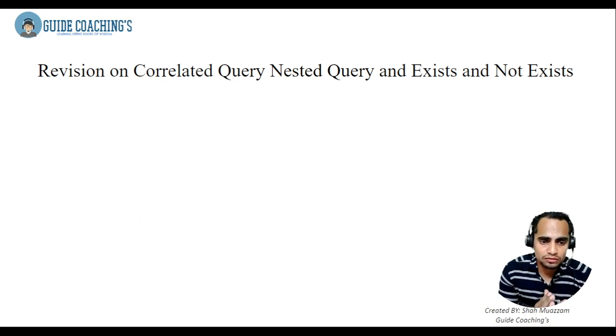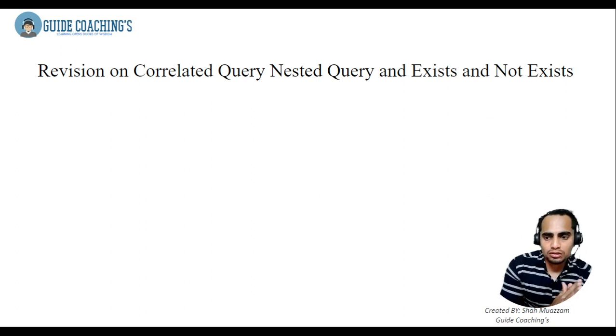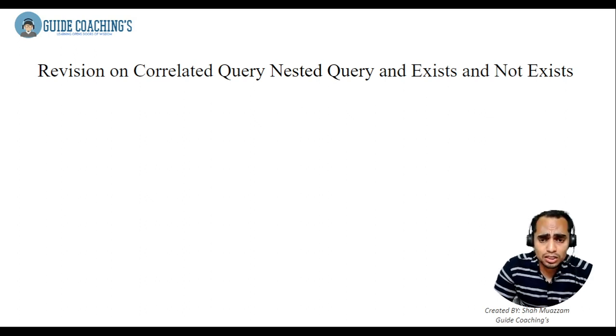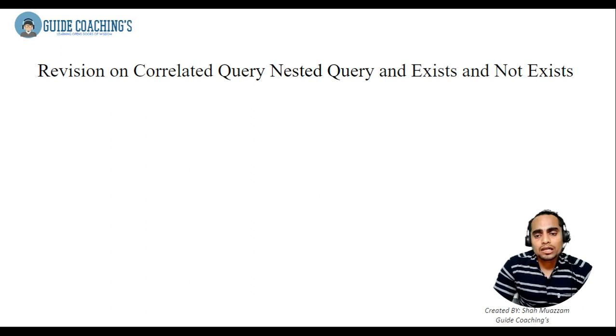Now, what are exist and not exist? These basically return a true or false condition when a certain condition is given in the subquery. This is used with nested queries, in the subquery part, where we have a certain condition and want to check whether it is true or not.